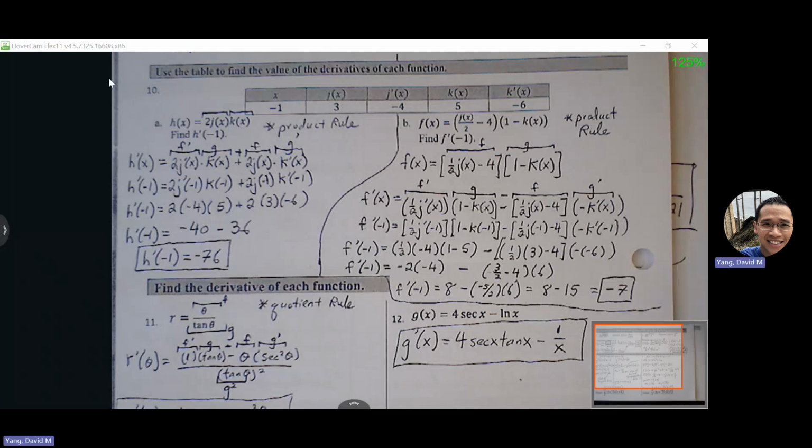Let me look at that a little bit later, but why don't you work it out the way it's supposed to be and see if we get the same answer. If we do, then that's fine. But if not, then let's see.